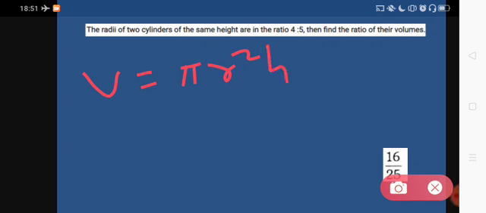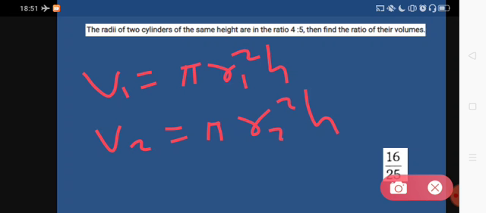Now we take the question. We will suppose two cylinders. The volume of the first cylinder V1 is equal to pi r1 square h. It will not be h1 because of the same height, and V2 is equal to pi r2 square h.